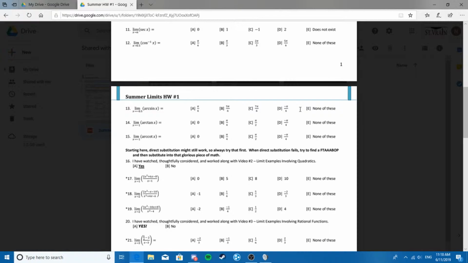Alright, so inverse cotangent is fun because, unlike inverse secant and inverse cosecant, where it keeps the range of its reciprocal, inverse cotangent switches the range. It doesn't keep the range of tangent.